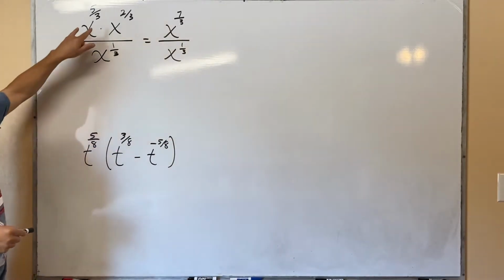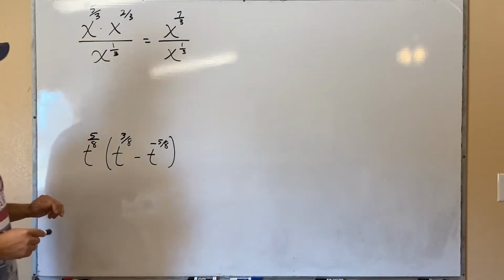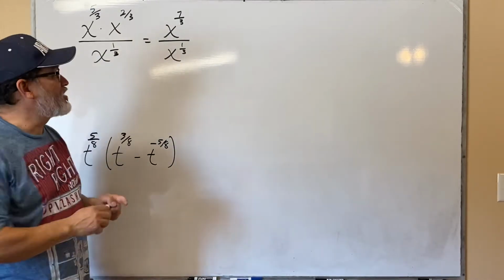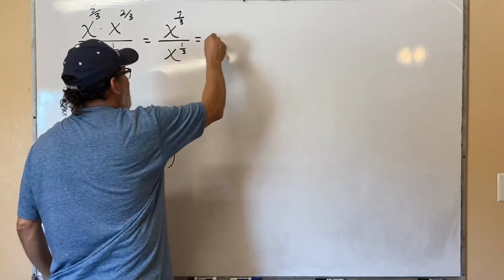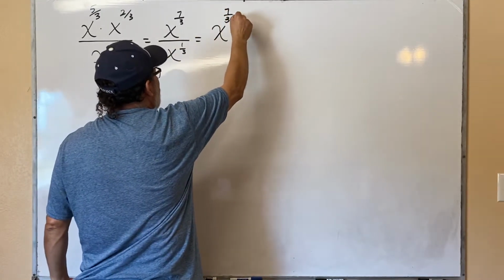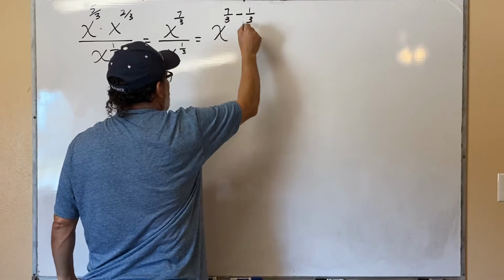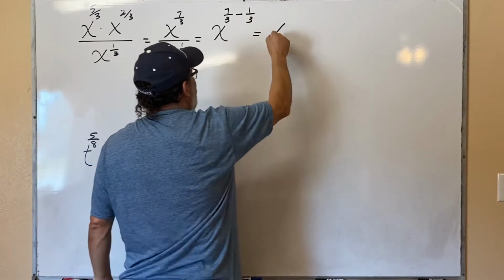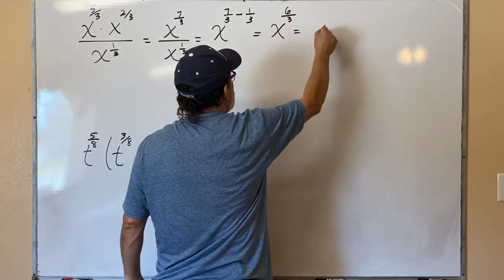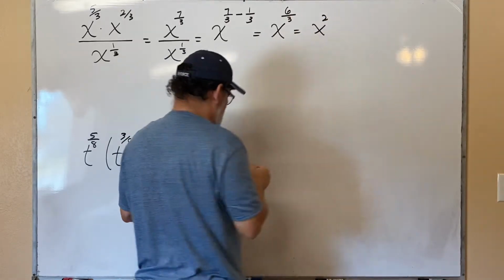When you multiply, you add exponents. When you divide, you subtract exponents. So therefore, this becomes x to the 7/3 minus 1/3, which equals x to the 6/3, which equals x squared. Look at that.